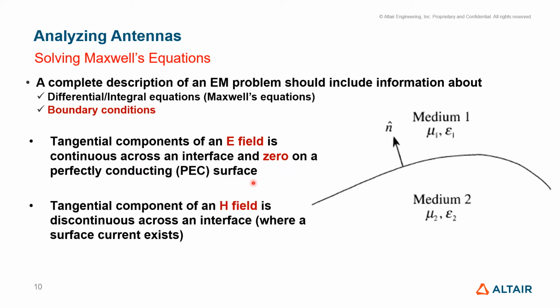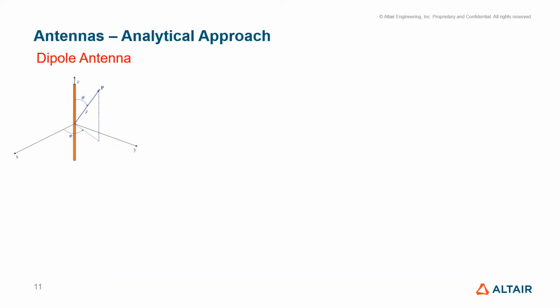But also the tangential component of the magnetic field is discontinuous across the interface to the extent of the surface current. So these two are the boundary conditions you need to impose when you solve a particular problem using Maxwell's equations to get the electric and magnetic field or to get the electric current and magnetic current.